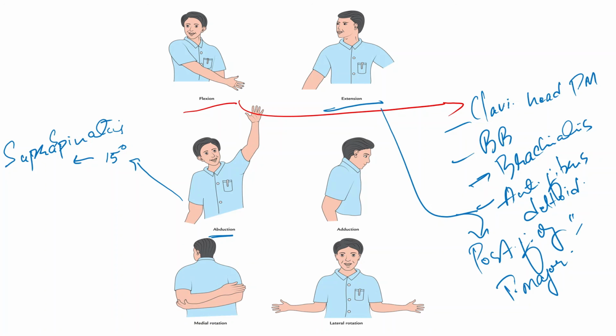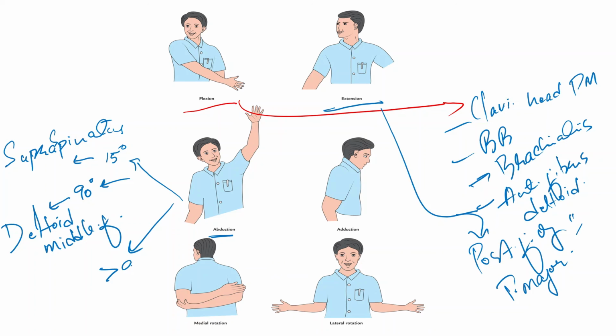Abduction up to 90 degrees is brought about by the deltoid muscle, especially the middle fibers of the deltoid, and the overhead abduction, that is abduction greater than 90 degrees, is contributed by the infraspinatus muscle along with the teres minor and the subscapularis. So these are the muscles making up the abduction.